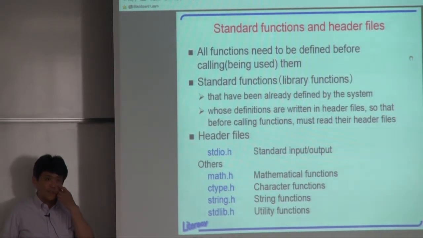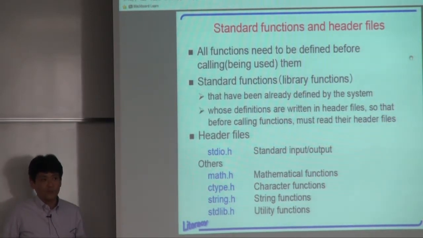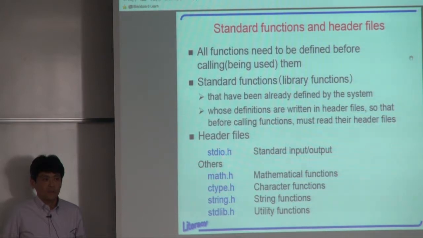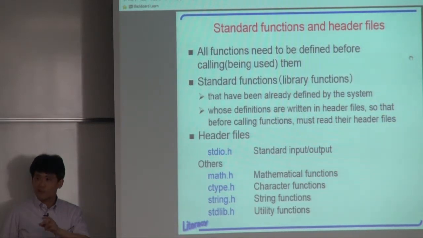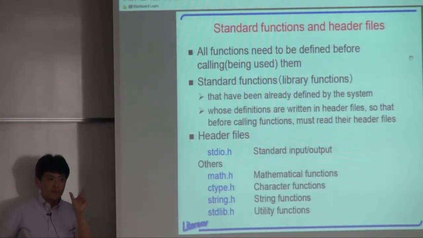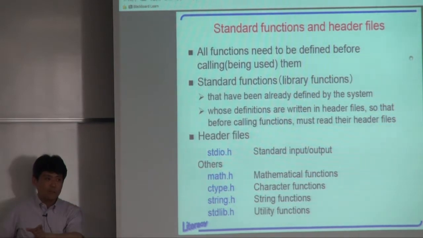Without defining such a function, you can use it. However, you have to include an include file. The include file holds prototype definitions for such standard functions, because the compiler needs the prototype definition. A prototype definition means the function name, how many arguments, and the argument types.